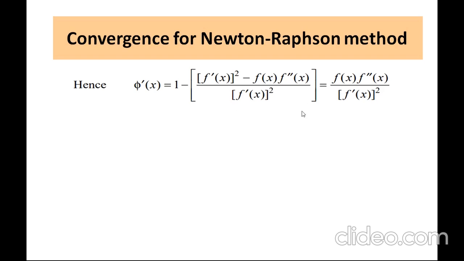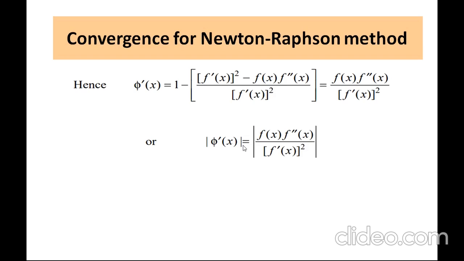Just rearrange this equation, you will get phi dash of x is equal to f of x into f double dash of x upon [f dash of x] squared.